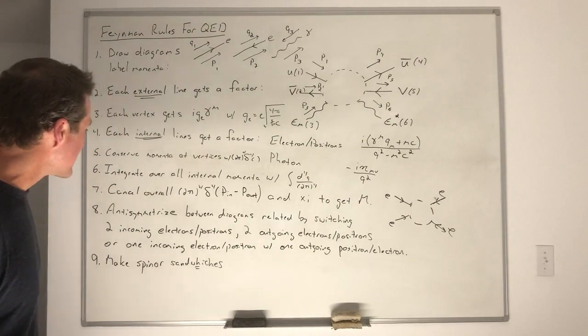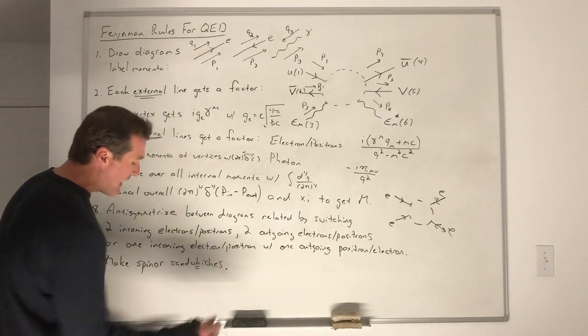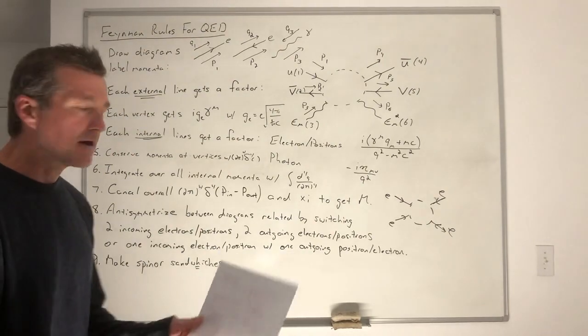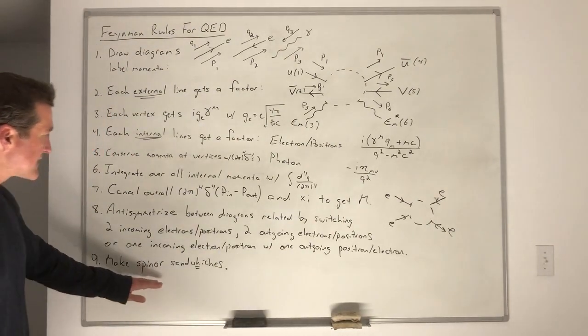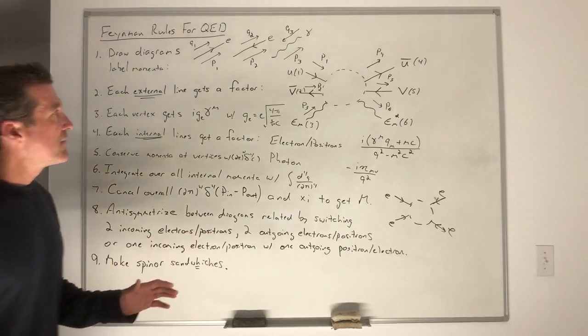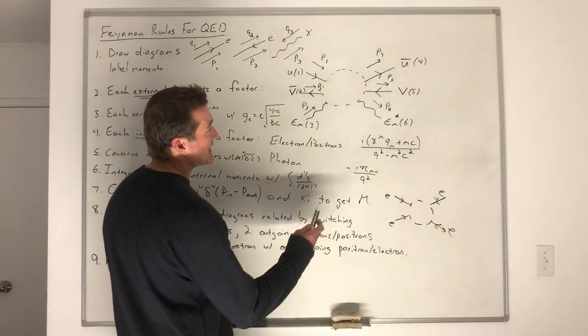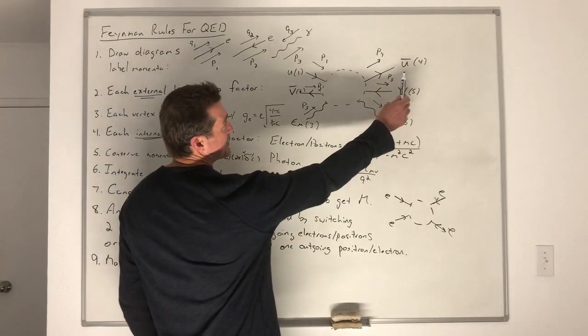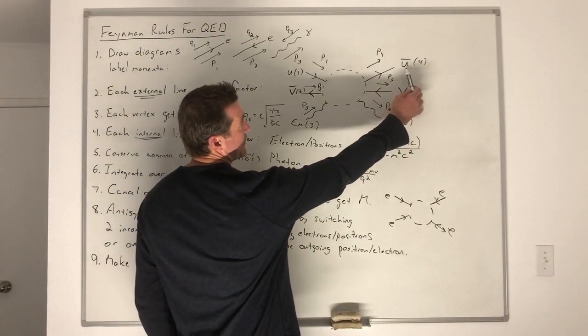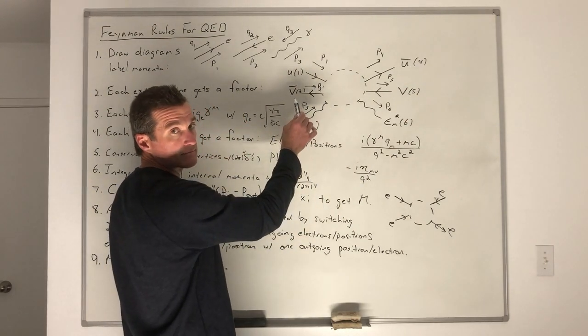I want you to make Spinor sandwiches. I have this written in text in my notes, but it's really only something that's going to make sense if I work it out as an example. But I can tell you roughly how to make a Spinor sandwich. You either start with an outgoing particle or an incoming antiparticle.